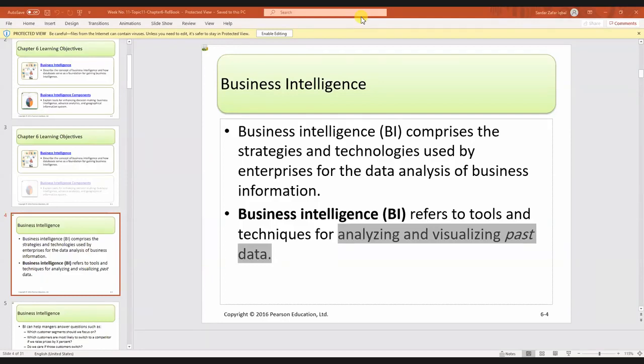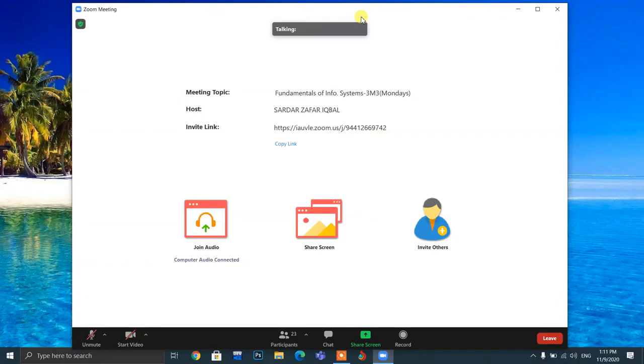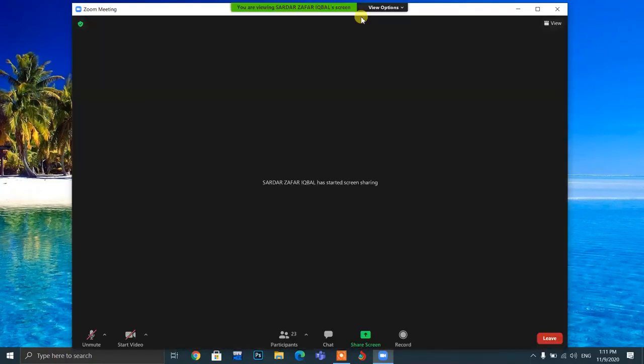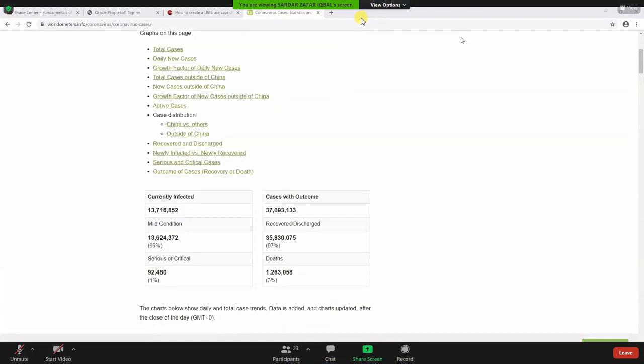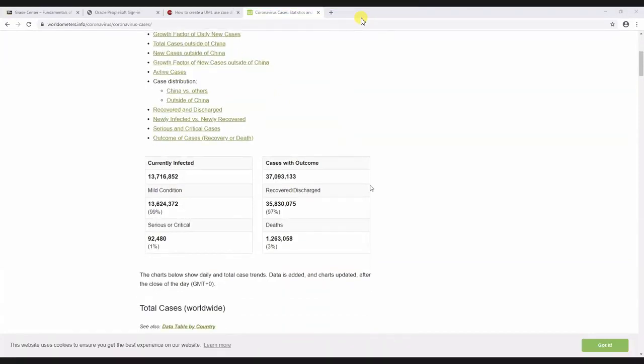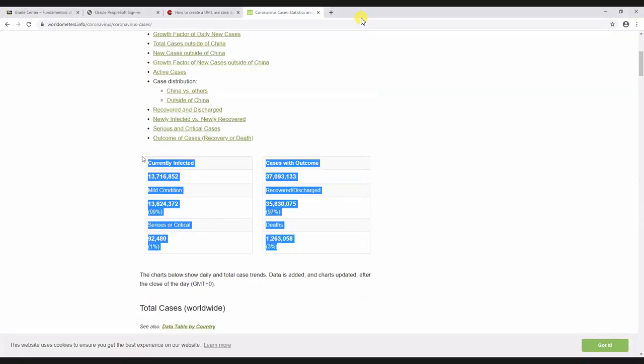Number of cases, cities. Okay, if I can open it here. You can see this. Some numbers here. This is analysis.